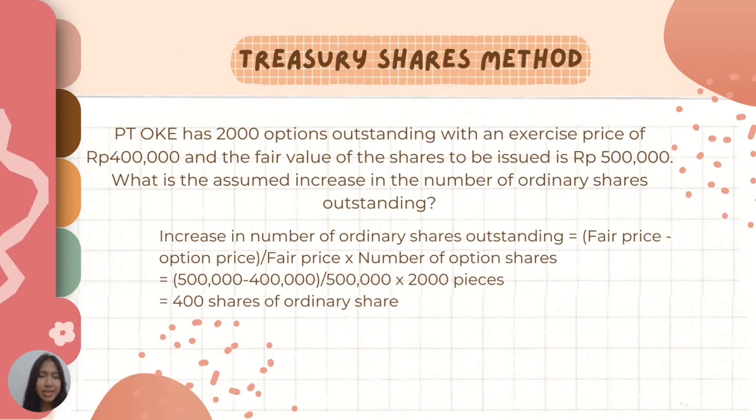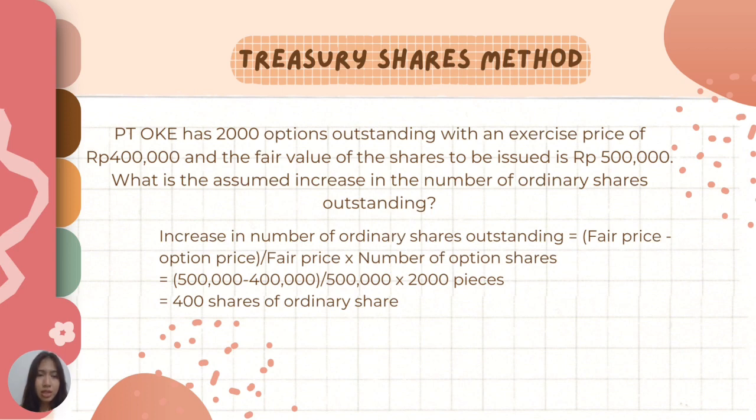So we have an example for the treasury shares method. PTOK has 2,000 options outstanding with an exercise price of 400 rupiah, and the fair value of the shares to be issued is 500 rupiah. What is the assumed increase in the number of ordinary shares outstanding?